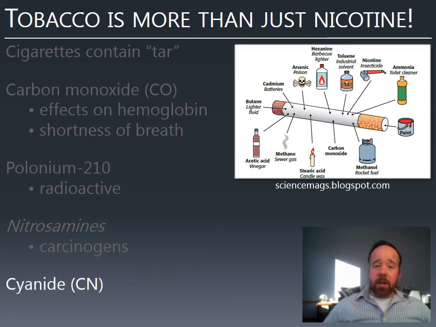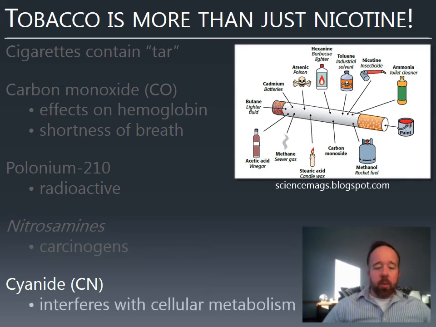There's also just good old-fashioned cyanide, which we all know is a poisonous substance, and it's poisonous because it interferes with the cellular machinery that produces ATP, which is the energy molecule. That's sort of our body's energy currency. So cyanide interferes with that process, and so it's not just oxygen absorption, it's also cellular respiration that's being interfered with.